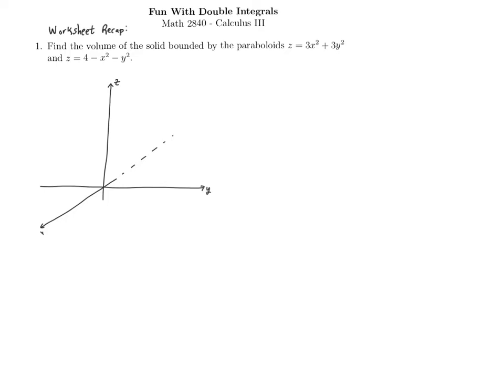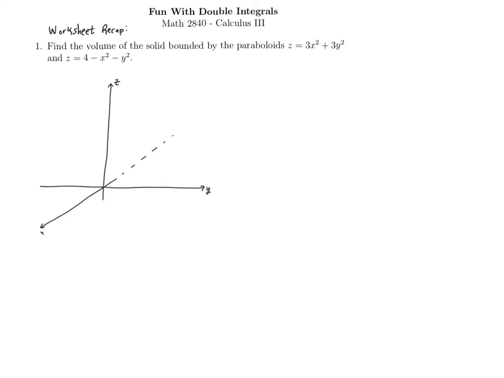And let me also note there was no reason we needed to include this word paraboloids. Those are equations of surfaces that hopefully, if not now, sometime in the near future, we will be able to quickly and efficiently recognize.